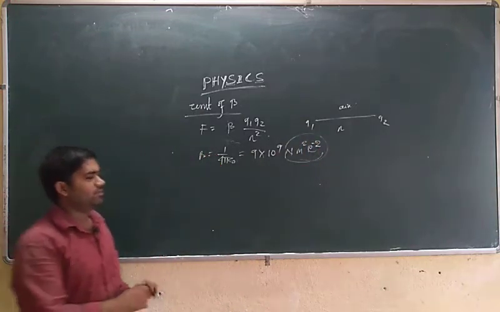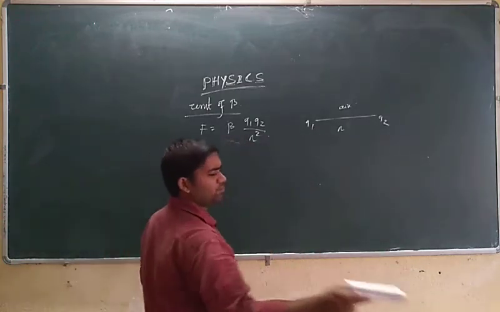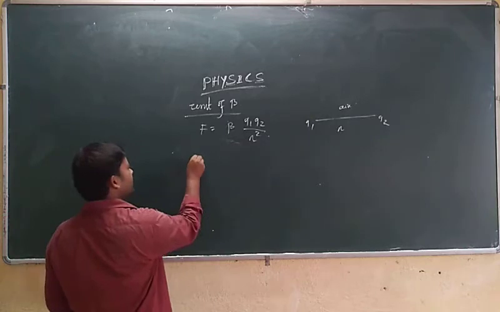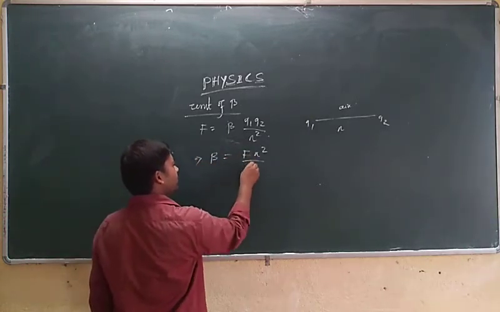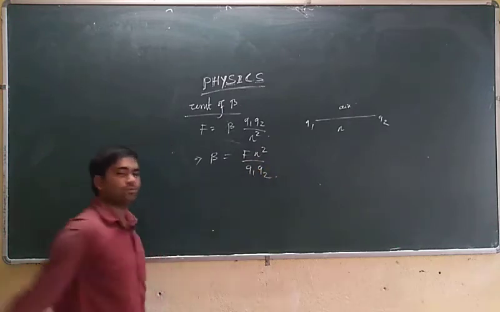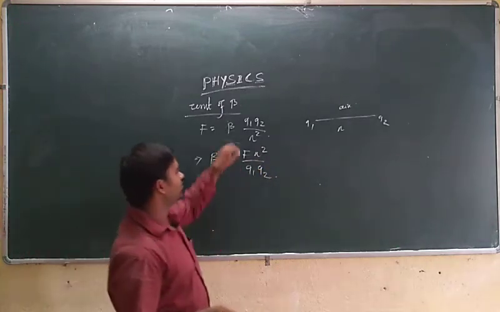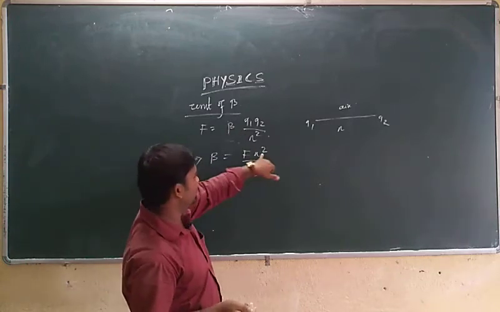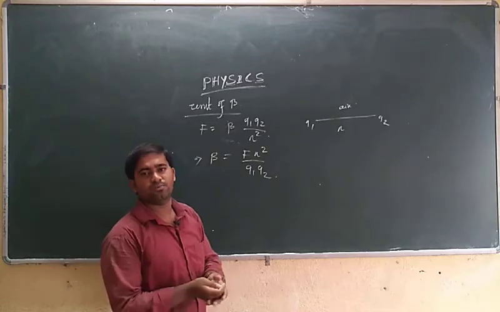When we take the observation of Coulomb's formula, we have beta equals F r square divided by q1 q2. So the term beta depends upon the force between two charges, the distance of separation, and the magnitude of the product of the two charges.